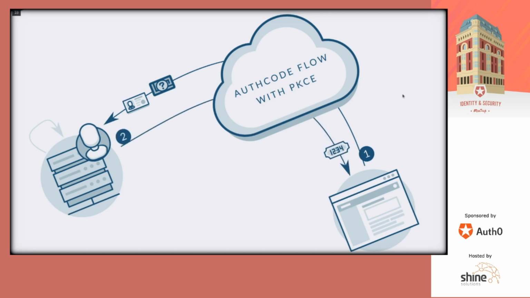So the response comes back and says, yep, this person is logged in, here's the auth code, and now the browser can send back a request saying, okay, here's the auth code and here's the solution to the challenge that I set. And because both of them know what the hashing algorithm was to create the end result, the identity provider can take the solution, which is basically the unhashed value that was generated in the first place in the single page app, and compare it against the hash value that I sent before.